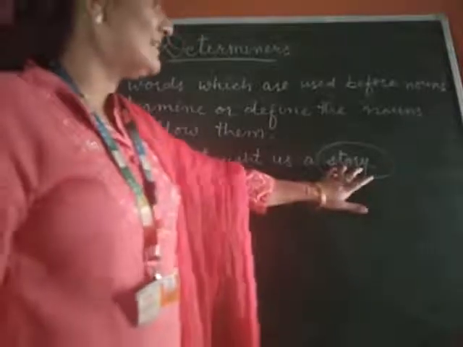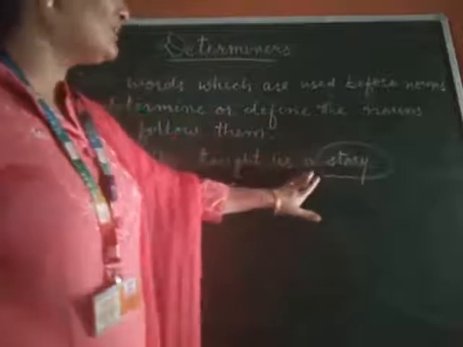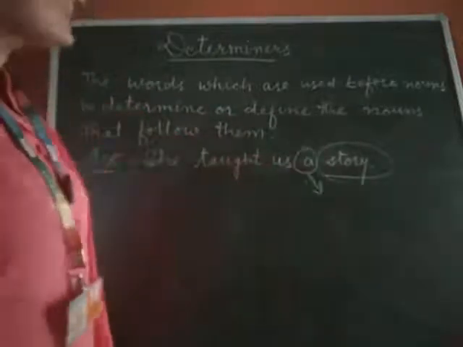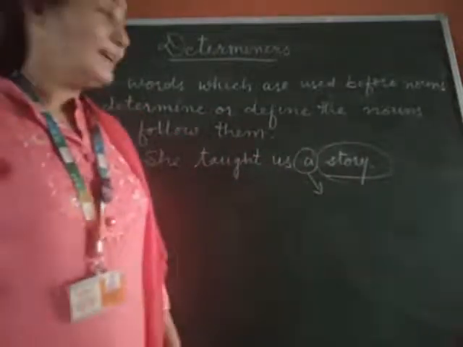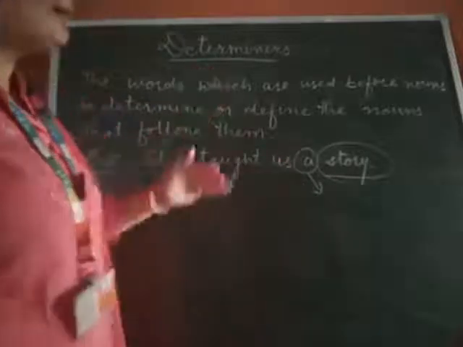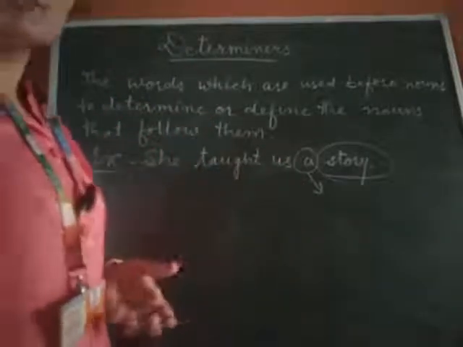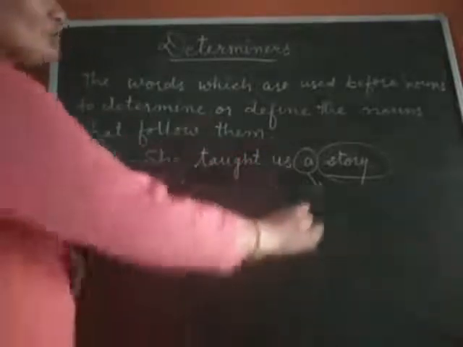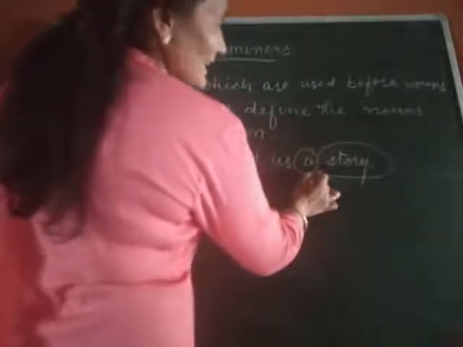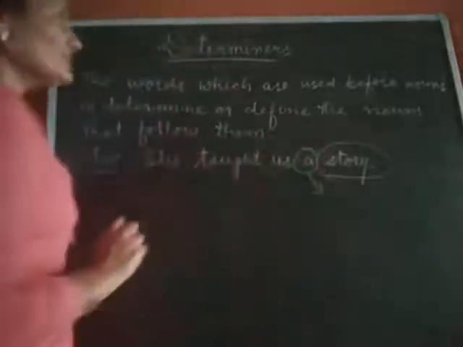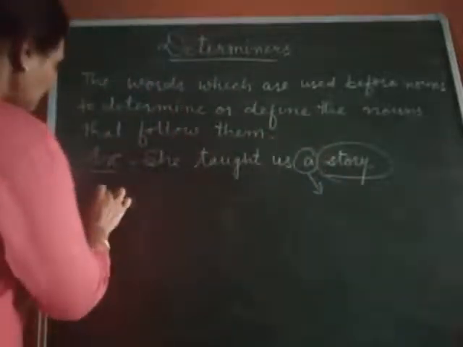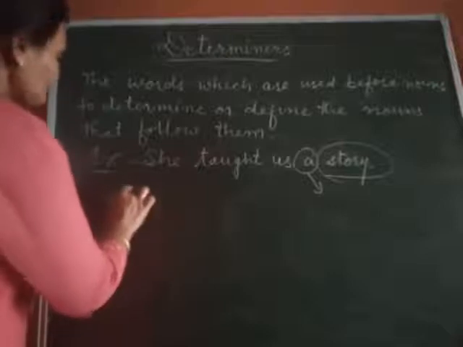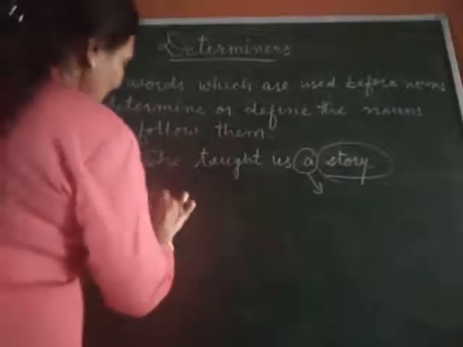So story is a noun, and before the story I have used here an article. Here it is a determiner. As you know, article is not a separate topic in grammar. It is part of determiners. These are the demonstrative adjectives, and these are called determiners. So before the noun I have used here a, so it is a determiner.